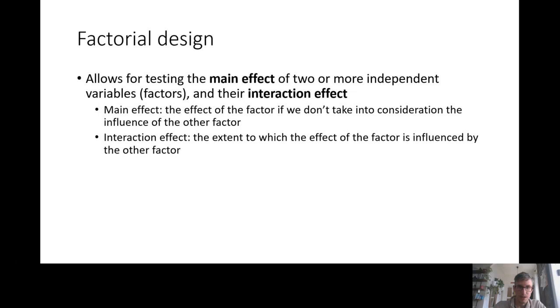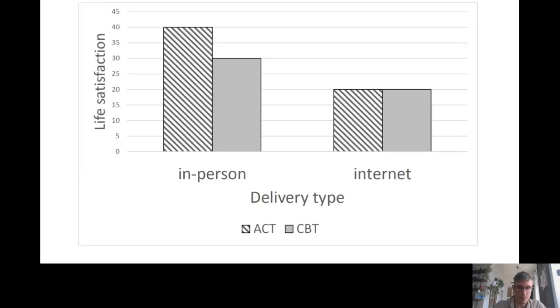So the main effect means the effect of the change in the levels of the factor if we don't take into account the change in the levels of the other factor. So disregarding the other factor, what's the effect of one of the factors? That's the main effect. And that's what we talked about earlier.